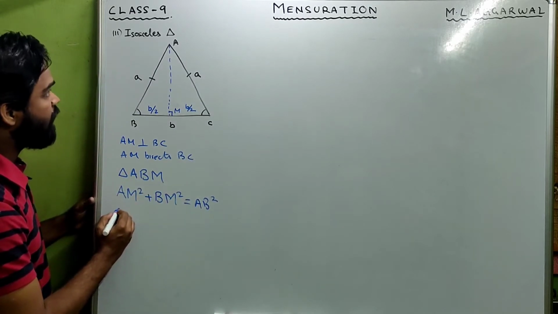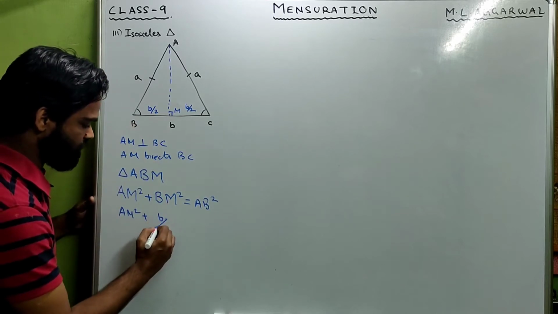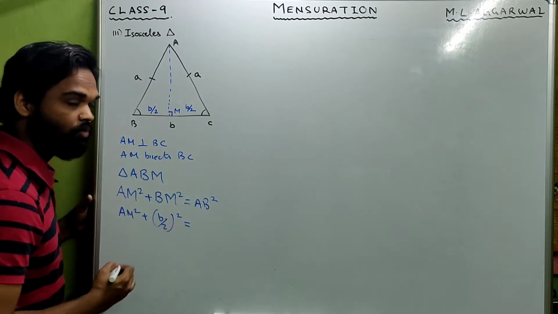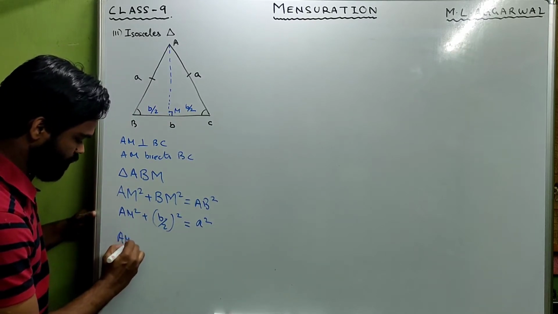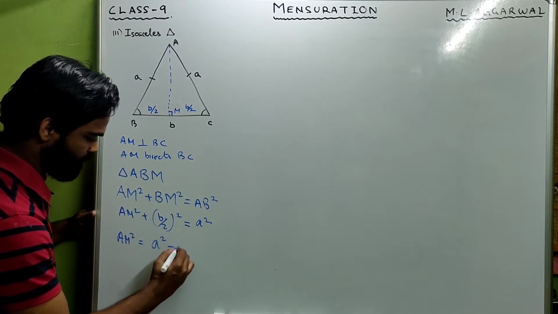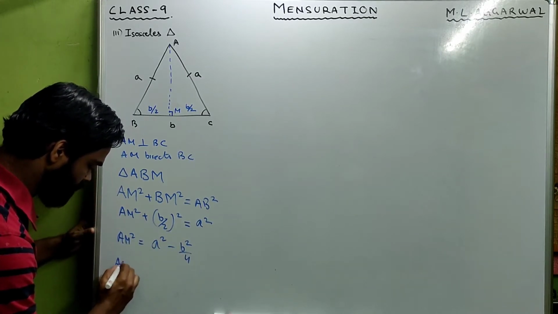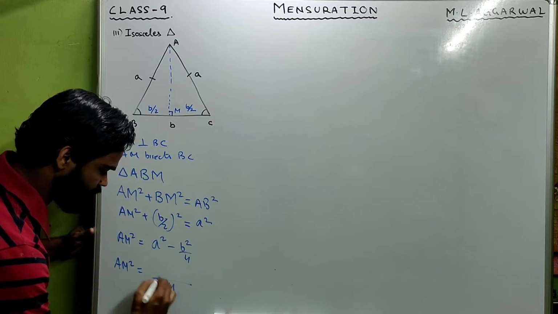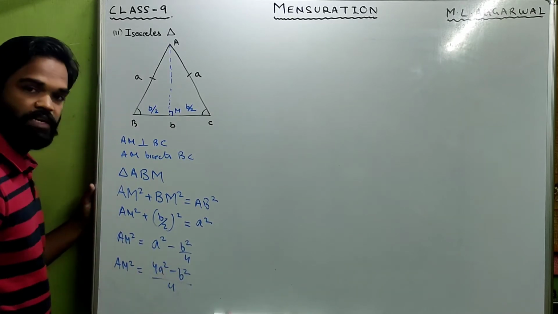Now look carefully. AM, we don't have any idea. BM is b by 2, so b by 2 whole square, is equal to AB, that's a square. So AM square is equal to a square minus b square by 4. If you take LCM, that's 4a square minus b square by 4, isn't it?